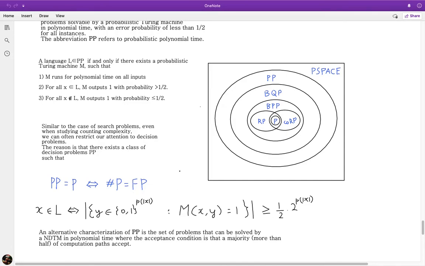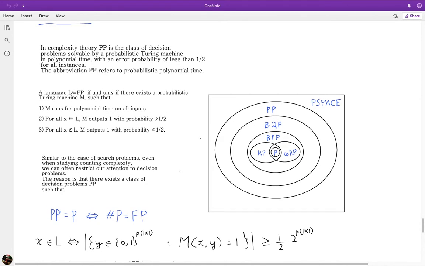So when we look at this picture over here, we can see where the class PP sits among other classes.